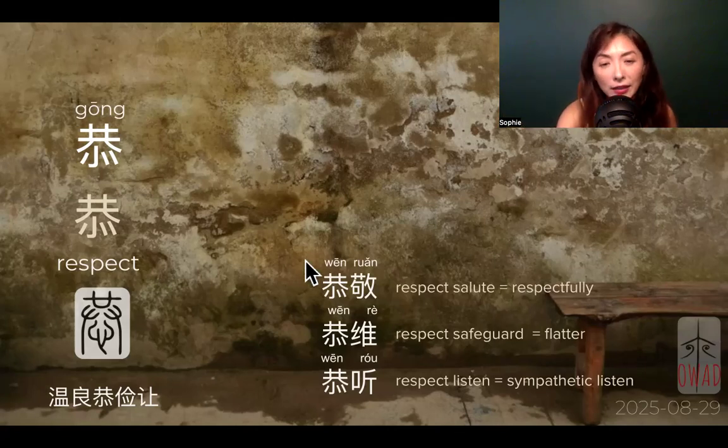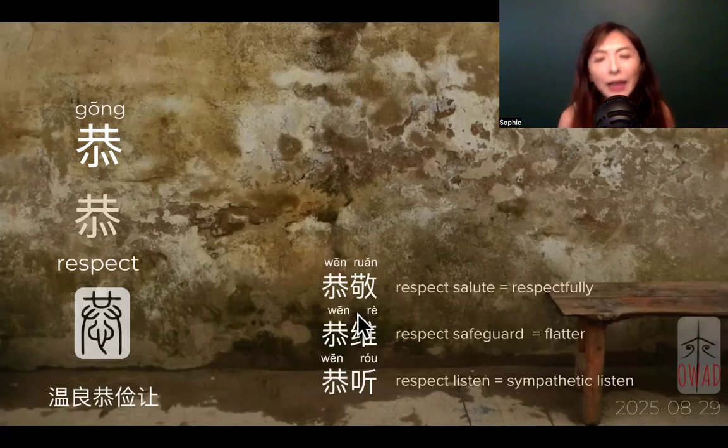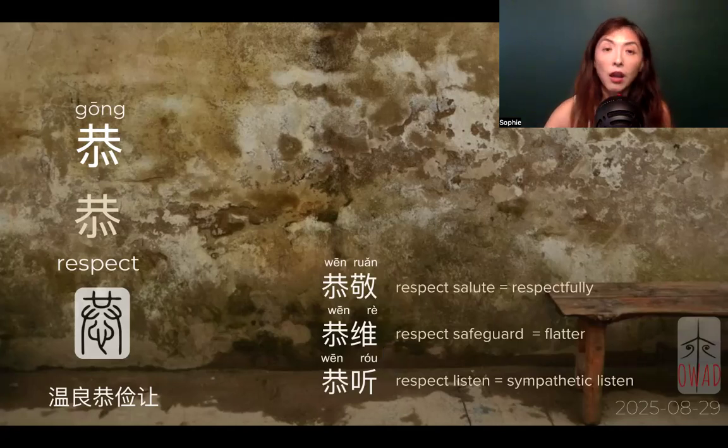So 恭敬 is a Chinese duplicated way to say respectfully. 恭维, this wei means, well, it's made of a thread. So thread, in ancient times, when we have limited tools, or we max out how we're going to creatively use thread. So wei in here, it's almost like you're guarding something, using thread as a safety net, so to speak.